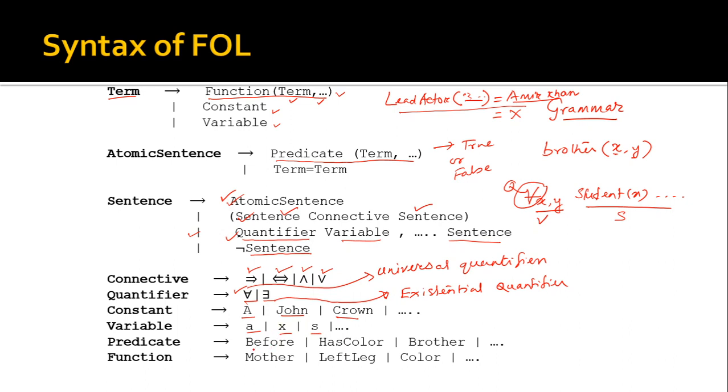The predicates have names like before, has, color, brother, etc. The functions, again, have their names like mother, left leg, color. Depending on the kind of application domain you are working in, you have different symbols to represent the predicates, functions, variables, and constants.